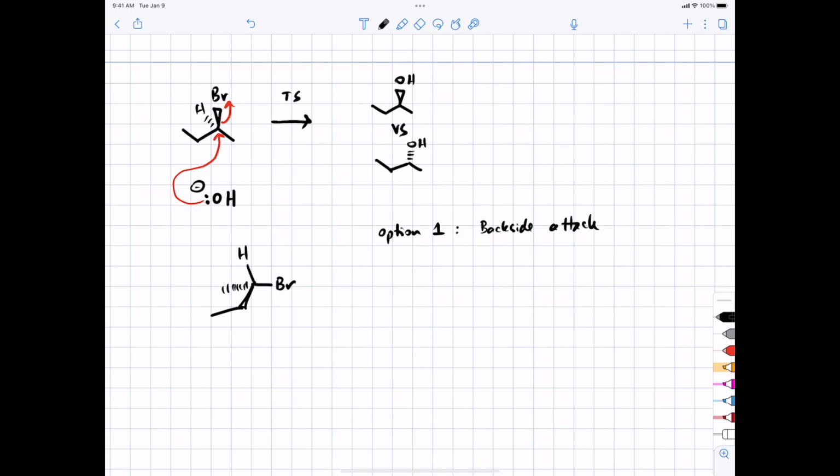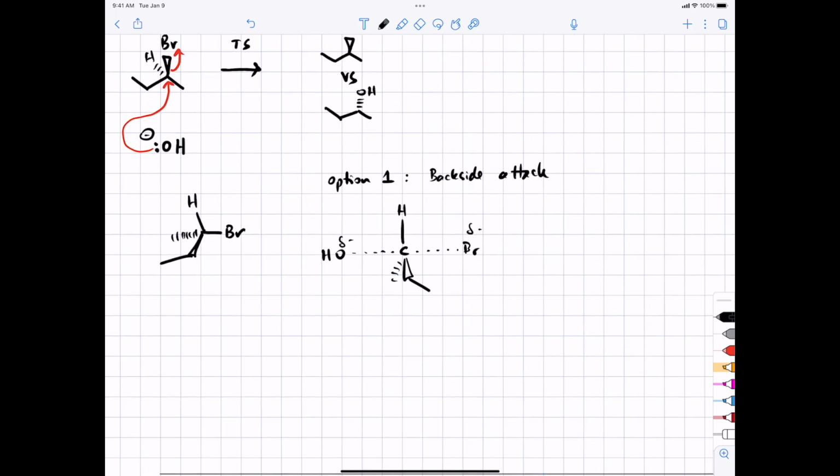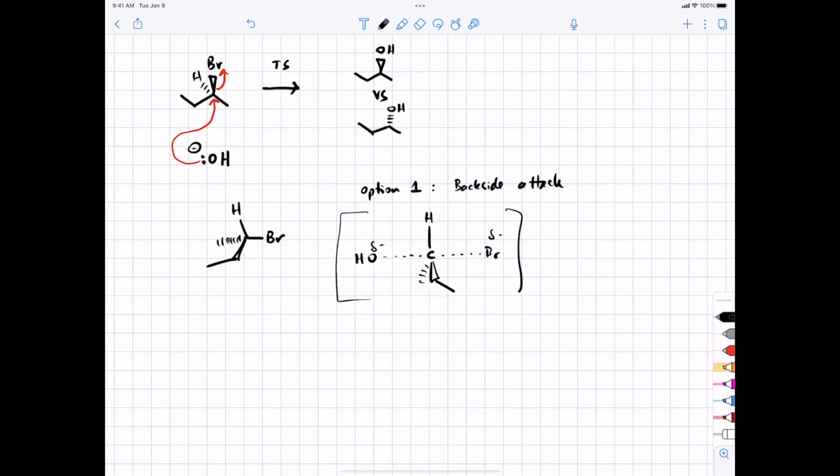And we would draw a transition state that looks something like this, where bromide is leaving and OH minus is coming in. And the product that came from that transition state would end up with the OH replacing the Br, but notice that the OH ends up on the opposite side.